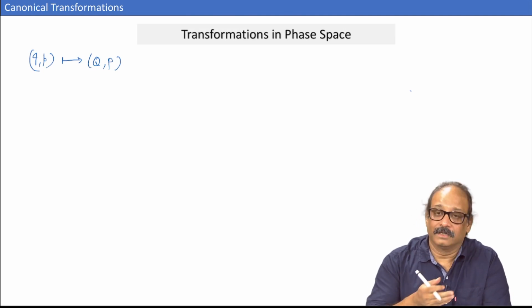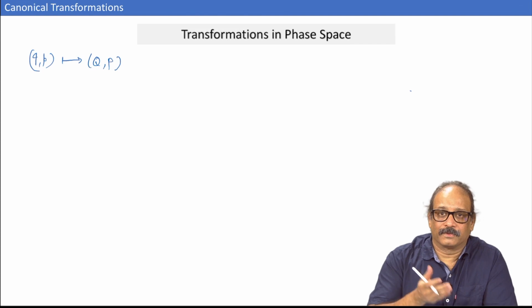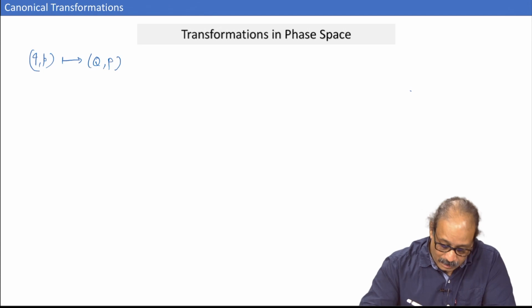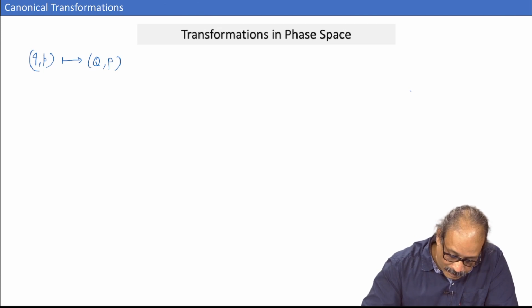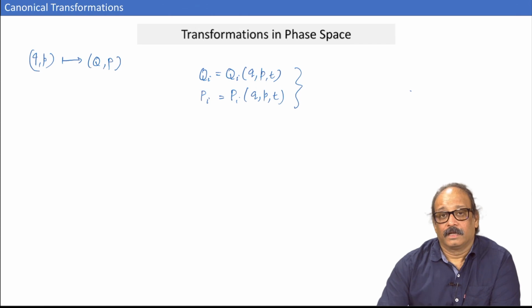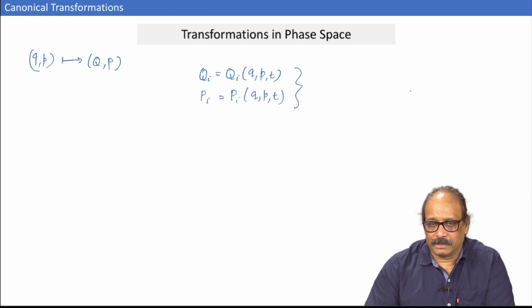If you can think of any transformation here, that of course would be q and p changing independently. So, if I write this as new variables Q i is equal to Q i, which is a function of the old variables q i and p i. Okay. Now, what is the complication here?